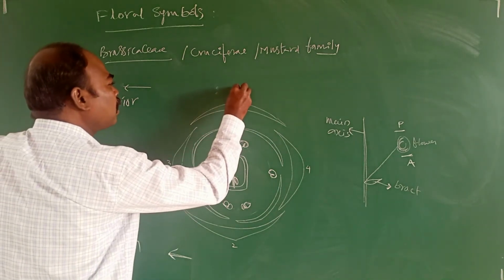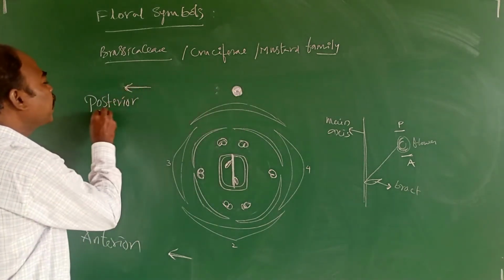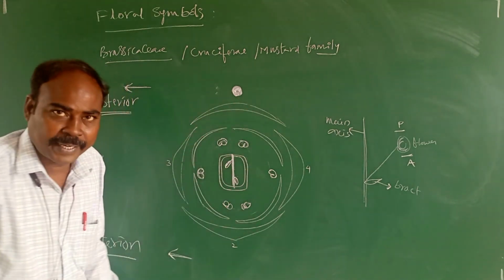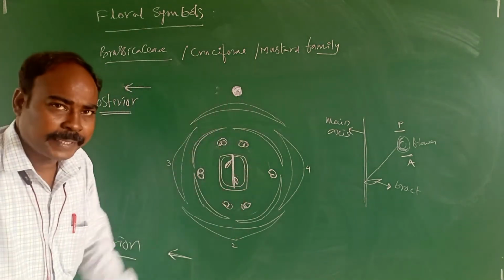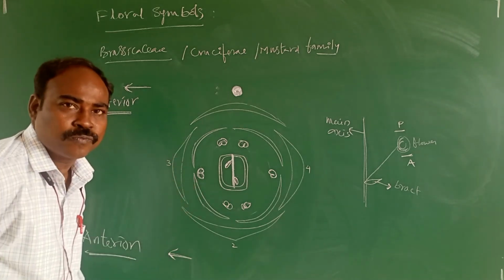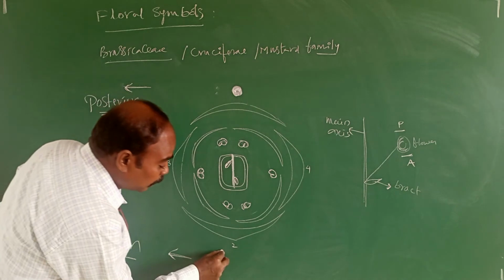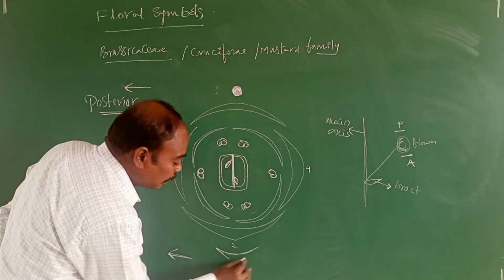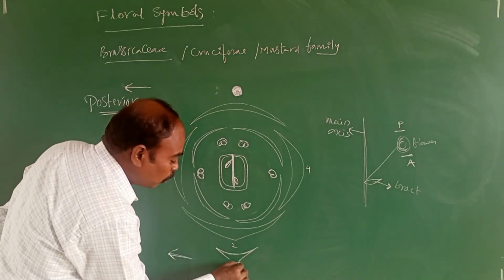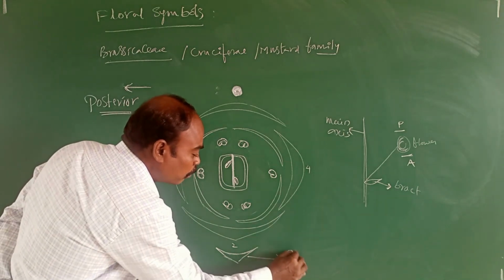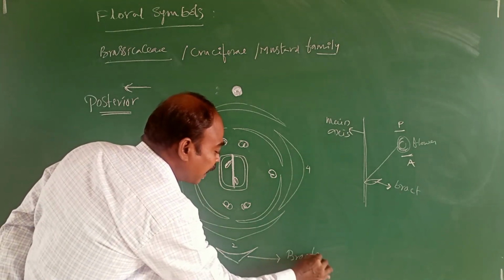A circle or dot indicates its posterior end, and the opposite side is the anterior end. In the diagram, there are no bracts. Suppose a flower has a bract. We put a line here towards the anterior side, which indicates bracts, bracteate.